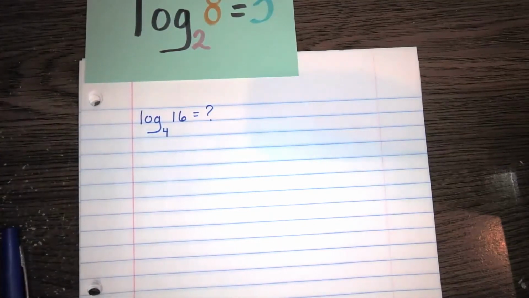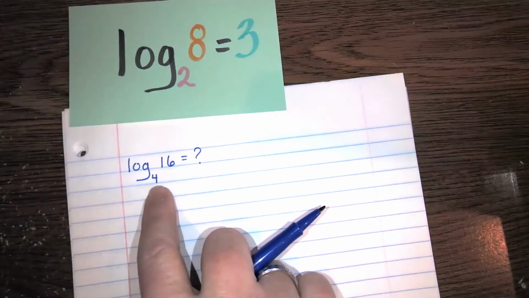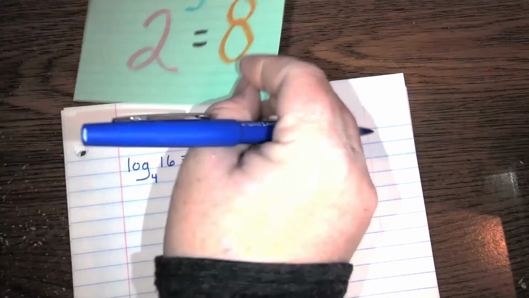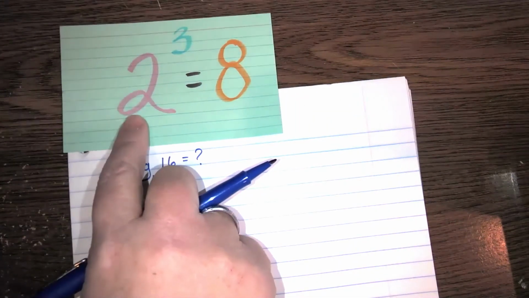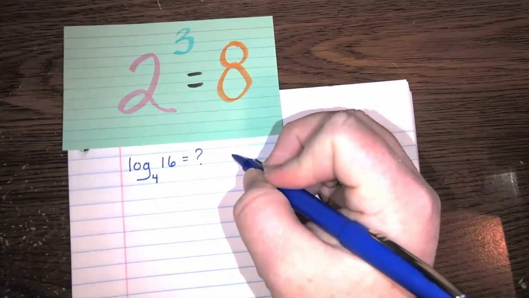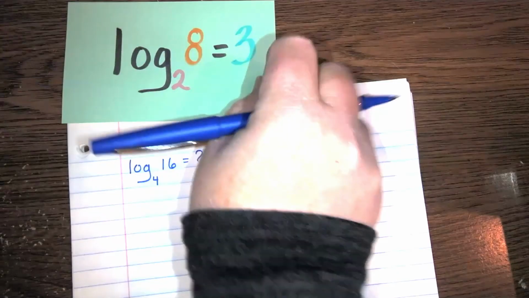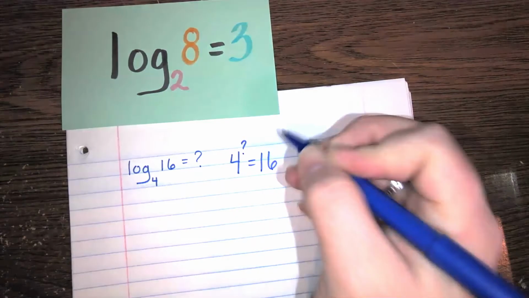Well, let's write it as an exponent. So, look here. 4 is the same as my 2. Well, where was my 2? As my base. So this really means 4 to what power gives you 16?